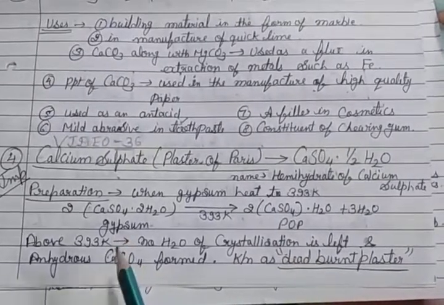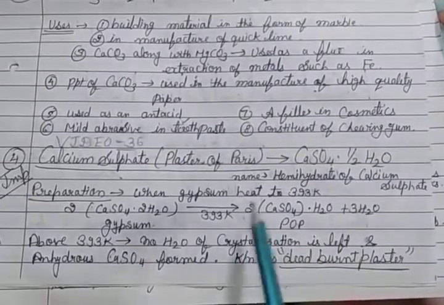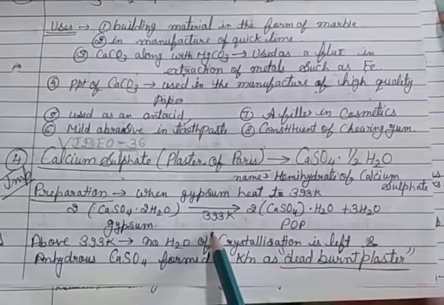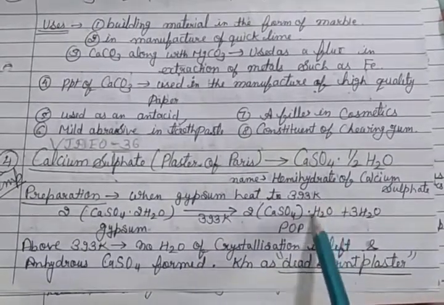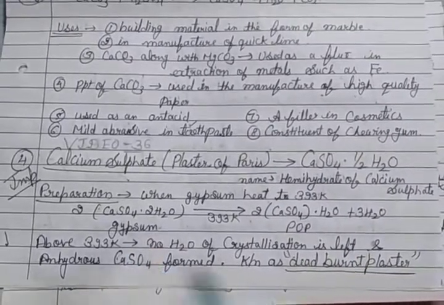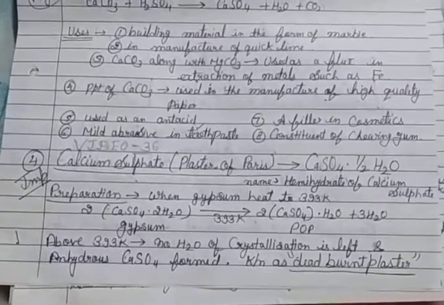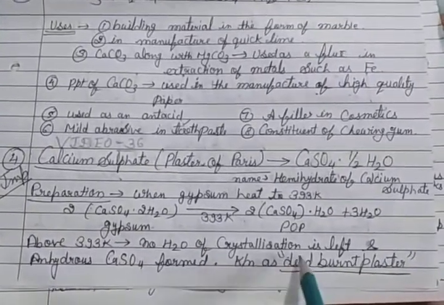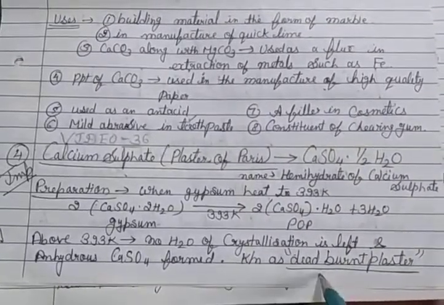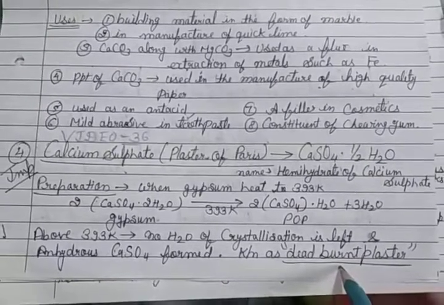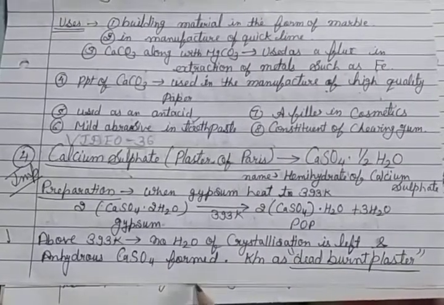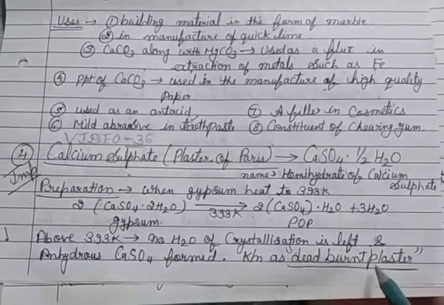Whenever we heat gypsum above 393 Kelvin, no water of crystallization is left, because at 393 Kelvin only half a water molecule remains.